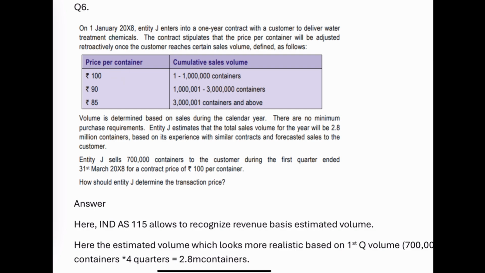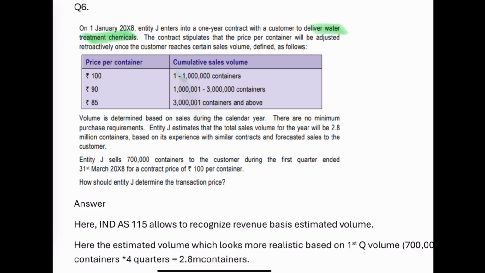Here on 1st January 2008, entity J enters into a 1-year contract with a customer to deliver water treatment chemicals. There is one performance obligation, and the contract stipulates that the price per container will be adjusted retroactively once the customer reaches certain sales volumes as defined below.